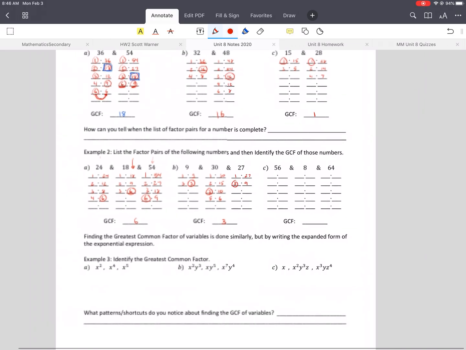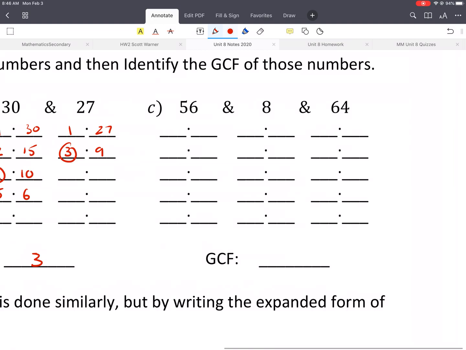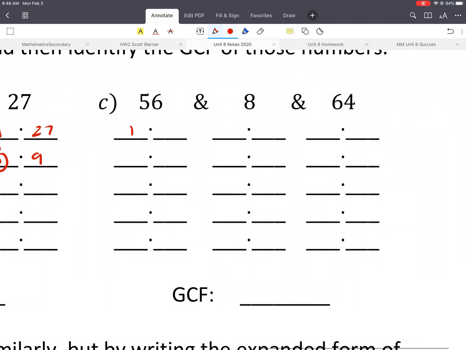Okay, 56, I think we did 50, it's 54. So 56, 1 and 56, 2 and 28. All right, does 3 go in? Let's see, 56 divided by 3. Nope, 3 doesn't work. 56 divided by 4.